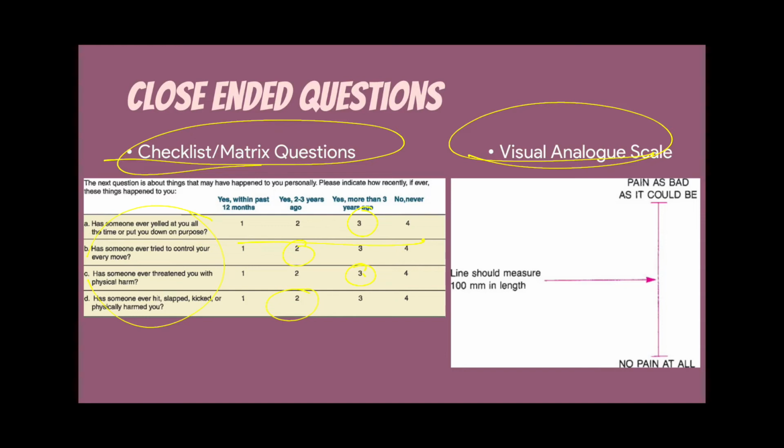So for example, you are really experiencing pain, and you put a mark where your pain is found, and then the psychometrician will measure the length from here to there, and that will be the value that they put in the record. But I don't really advise this for you because, one, it's hard to do online, and number two, it takes some psychometric expertise to be able to do this. So usually you would see yourself doing more of a checklist, more of a Likert scale.